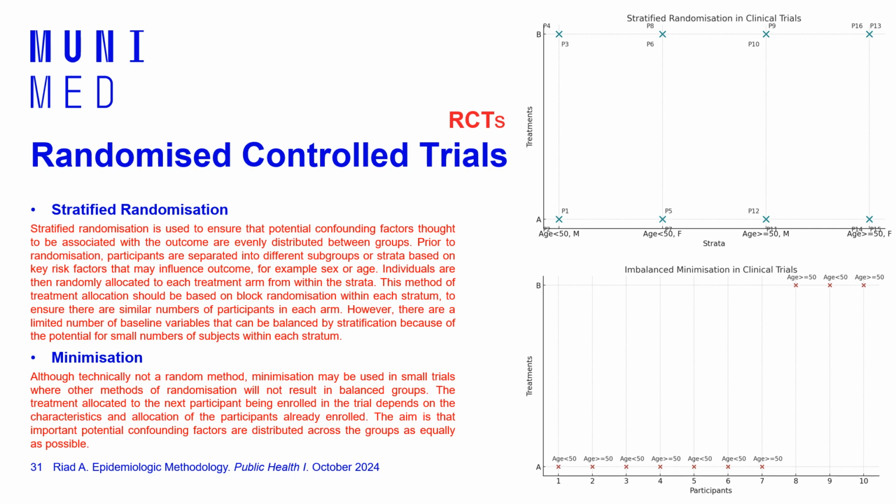Systematic allocation will tell you to have all patients who come on Monday in treatment A, and all patients who come on Tuesday in treatment B, and all patients who come on Thursday in treatment A, and all patients who come on Friday in treatment B.